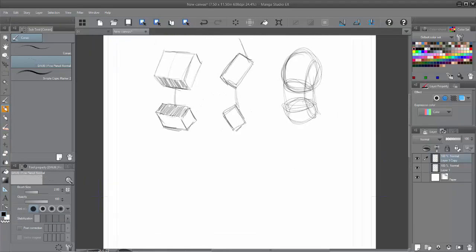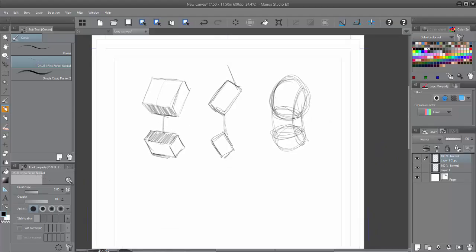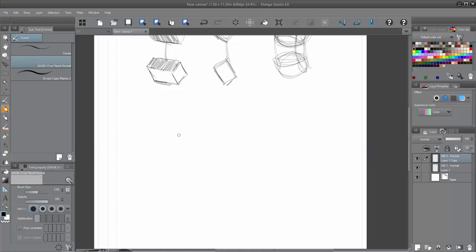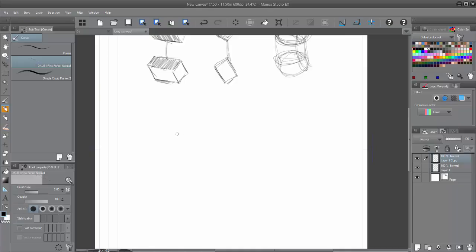Alright, so moving on, let's keep drawing some more of these body shapes here. So I would probably start with a really simple representation, something like this. Okay, getting our stick figure in here.